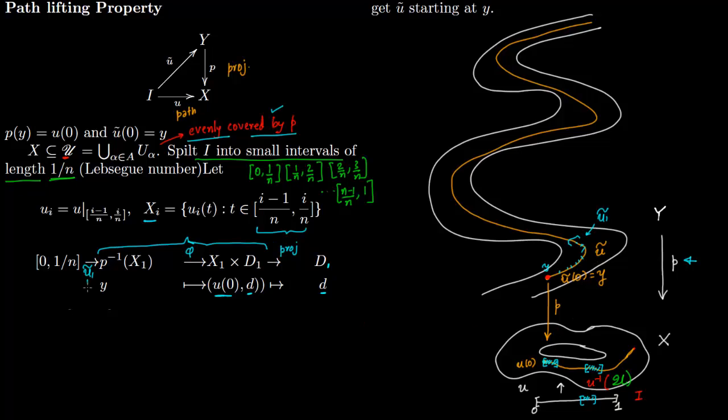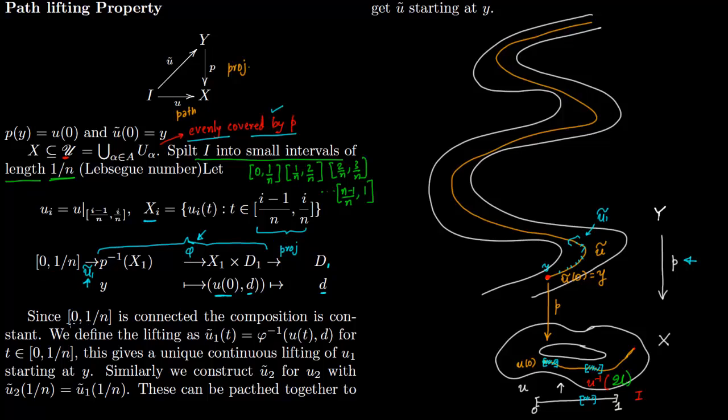So this is a continuous map, u1 tilde, because it's just a path lifting. This phi is continuous from our definition of an even cover. And then you're projecting it to just map D1. Now this is a connected space. Since 0 to 1 by n is connected, the composition is a constant because you're going from a connected set through a series of continuous maps to a discrete set.